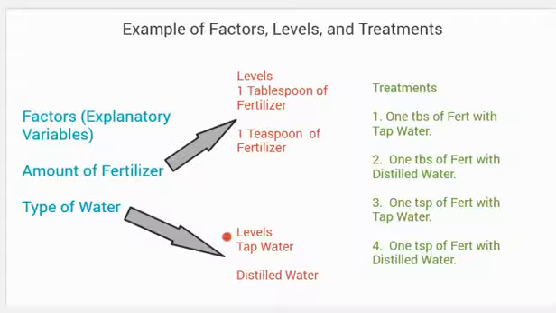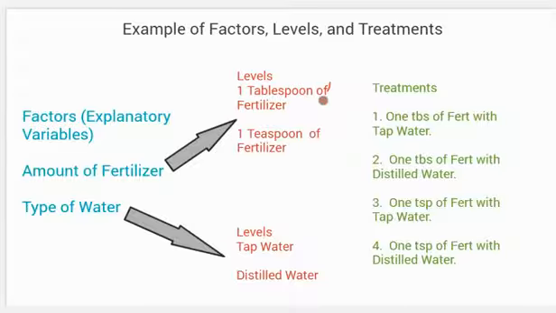Well, what about the water? I'm going to use 2 different types of water: tap water and distilled water. These are not the same thing. There are two levels within the type of water. So now I have two levels for the fertilizer factor and two levels for the type of water factor.